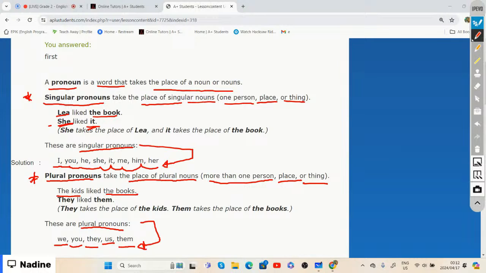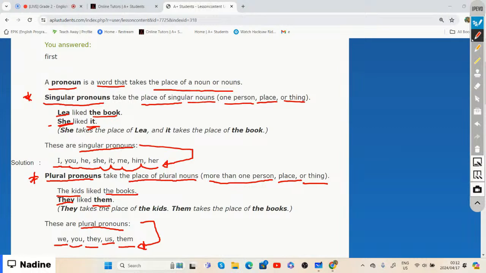If we were to refer to the kids, which is more than one, then we can say they. We refer to they for the kids. And if we refer to the books, then we can say them. Those are the plural pronouns.